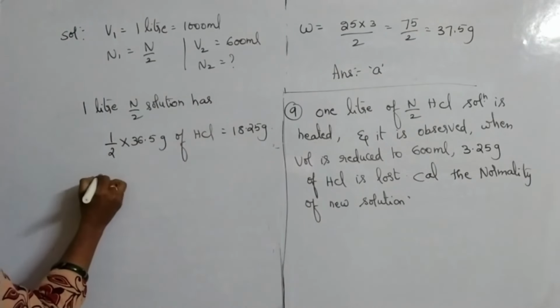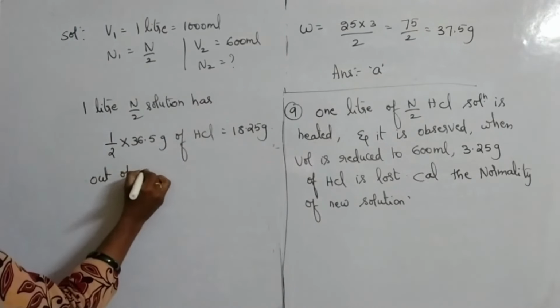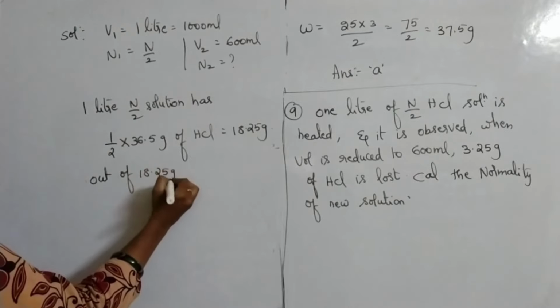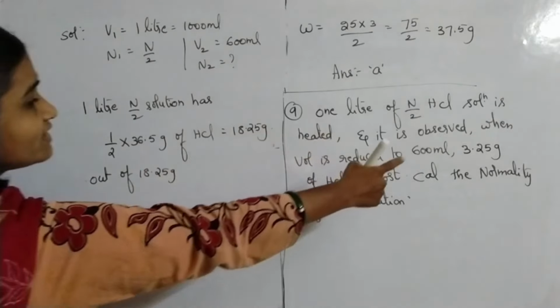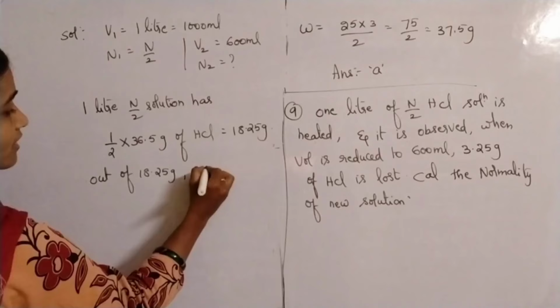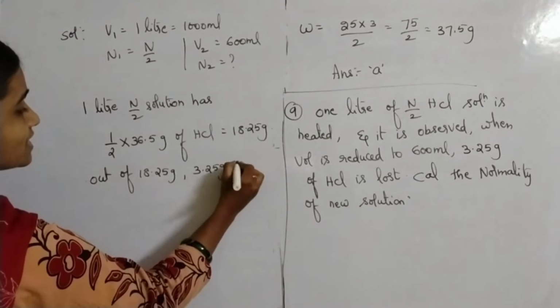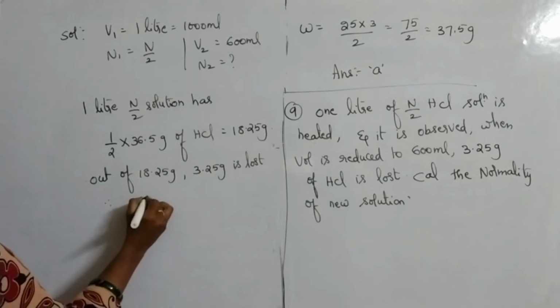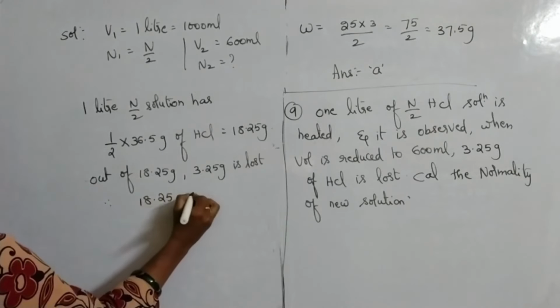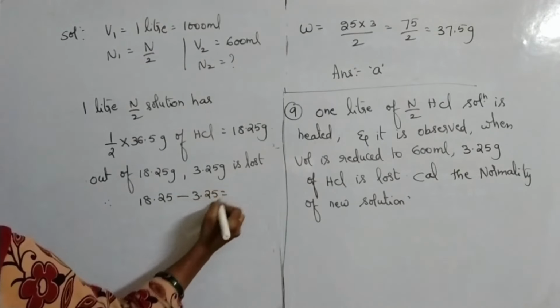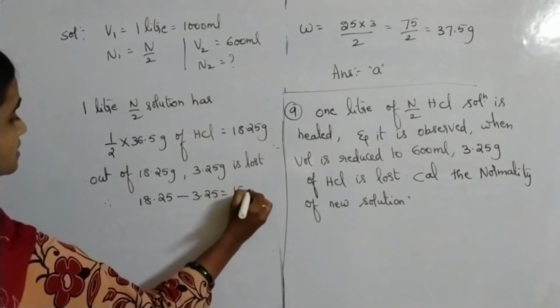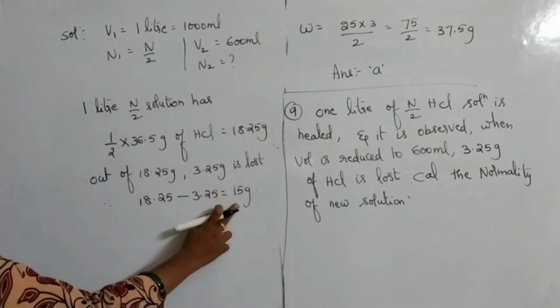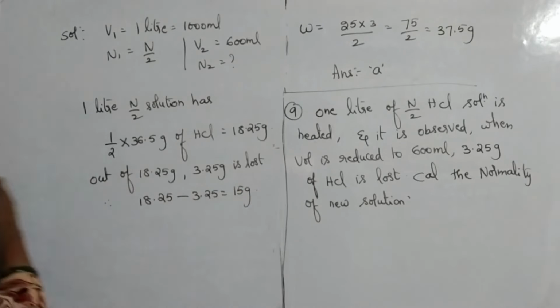Out of 18.25 grams, how much is lost? It is given as 3.25 grams. So 18.25 minus 3.25 is 15 grams, the mass of HCl left.